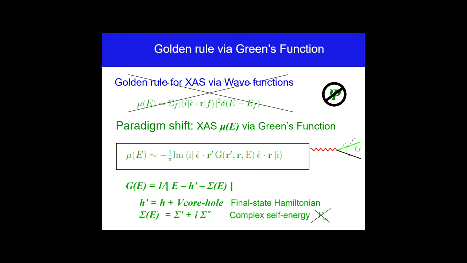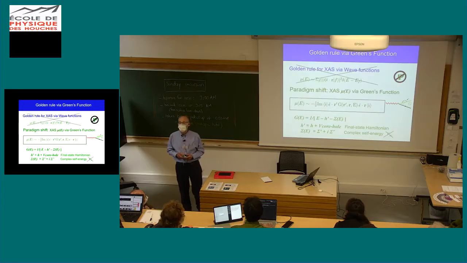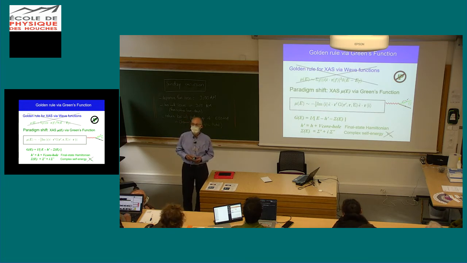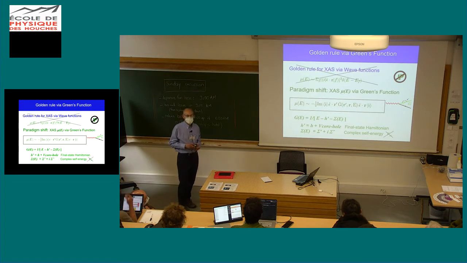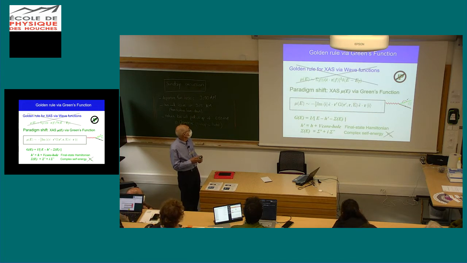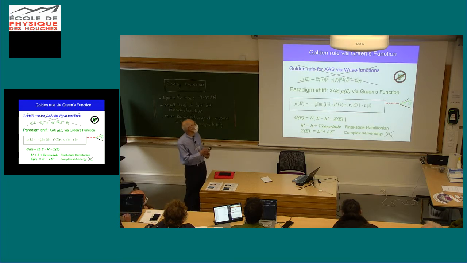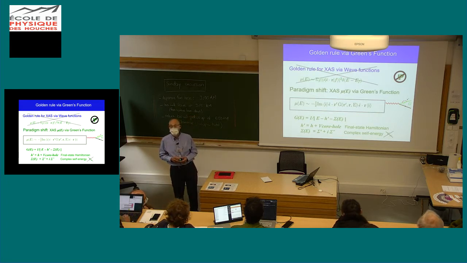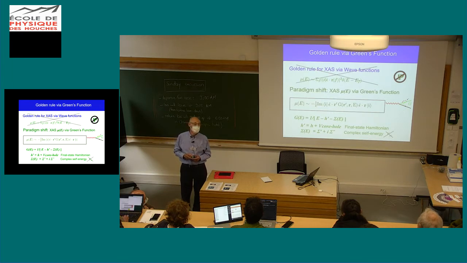Okay, so as you've already guessed, this is a no wave function shop, like we found in this school. It's way better to calculate X-ray spectra not using the golden rule, but to use Green's functions. And the problem with the golden rule is that this is a sum over states method.